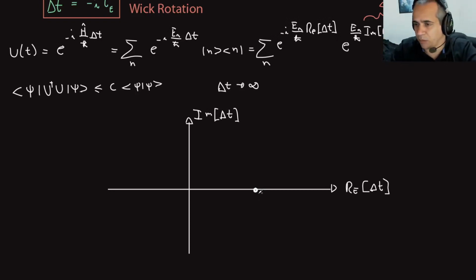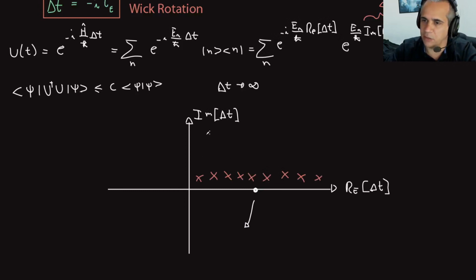So what I'm saying is I take delta t positive, then this rotation needs to be in that direction. And of course, I took a rotation of 90 degrees. In this region, which I'm declaring a not good region, this operator becomes unbounded. No good.